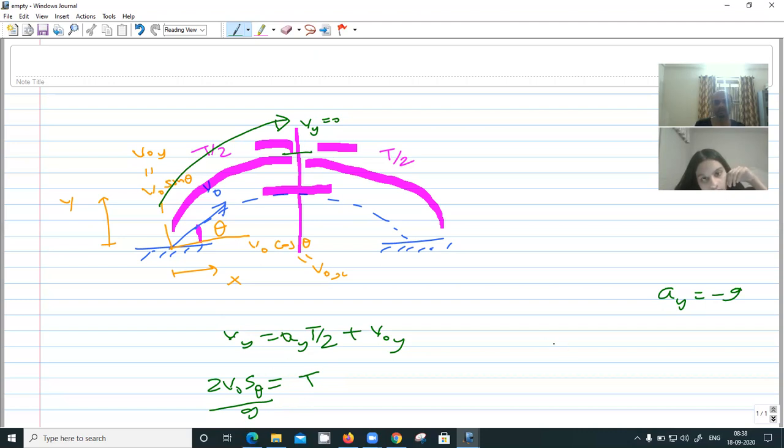So from this I can find the range. What is range? Range is this distance, the horizontal, whatever distance covered in the x direction, that is range.